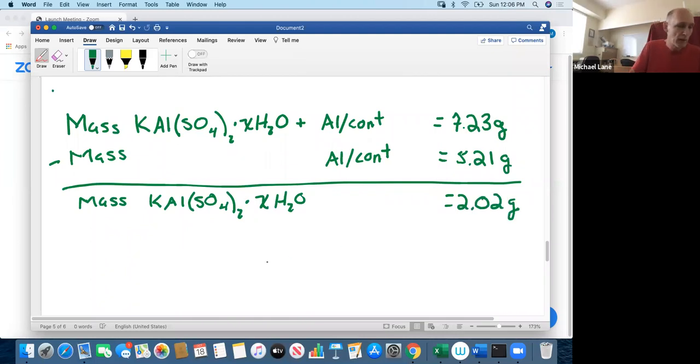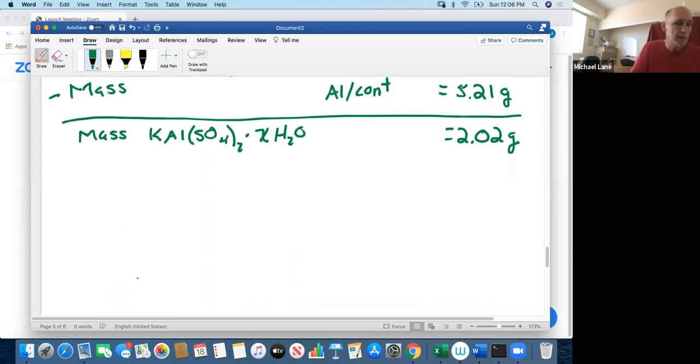Okay. Now I'm going to determine the masses of each of the individual components. In other words, I want the mass of the potassium aluminum sulfate, and I want the mass of the water.